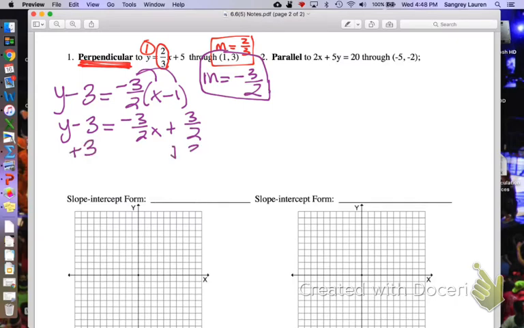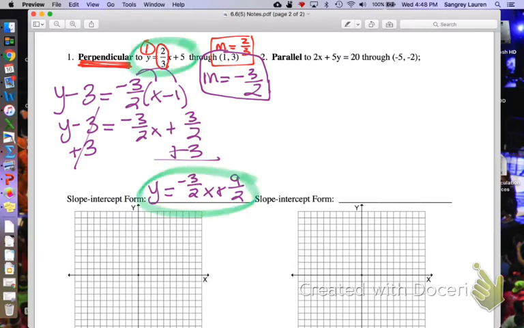We add 3 to both sides, and we get y equals negative 3 over 2x plus 9 over 2. So now we have our line number 1, and we have line number 2.